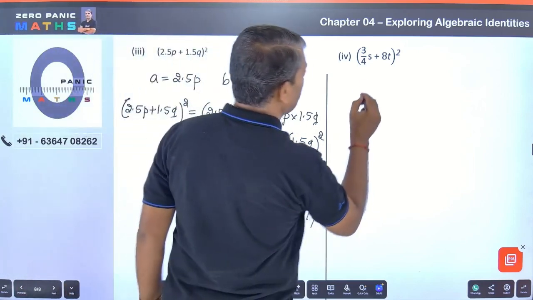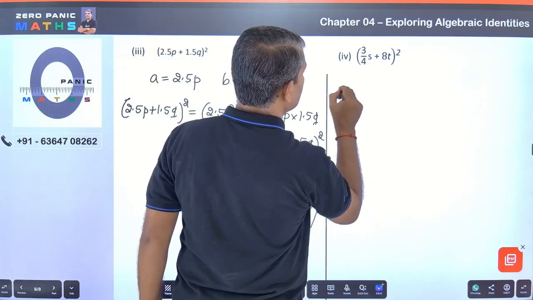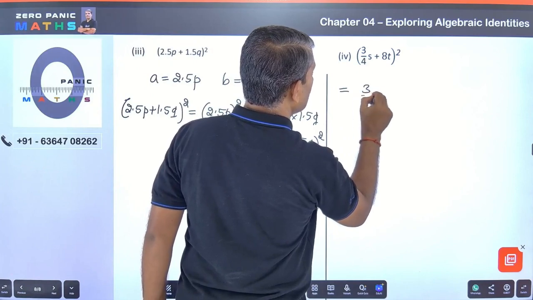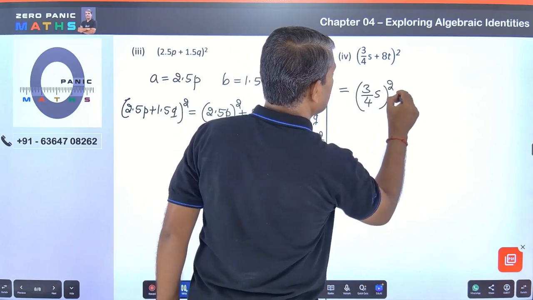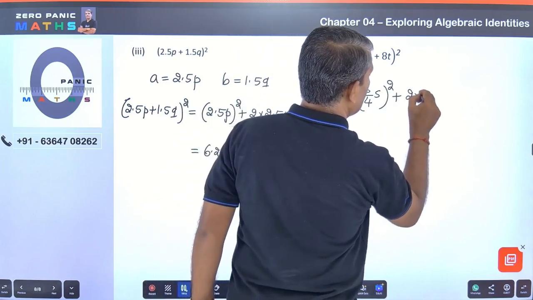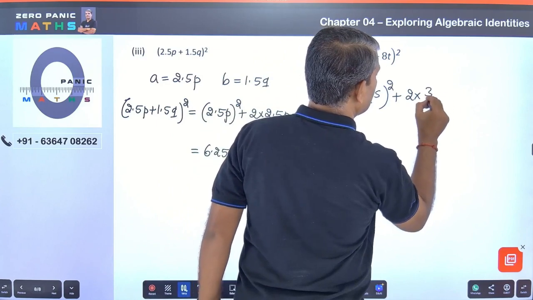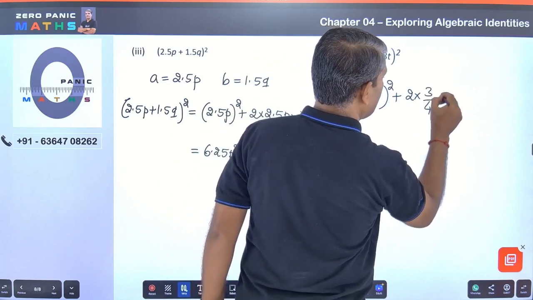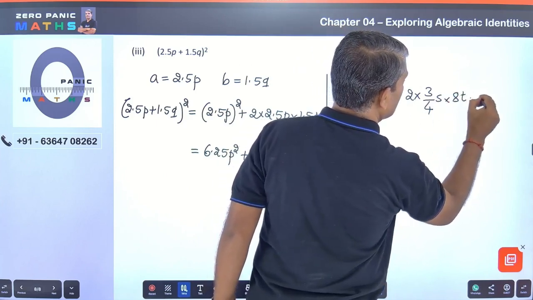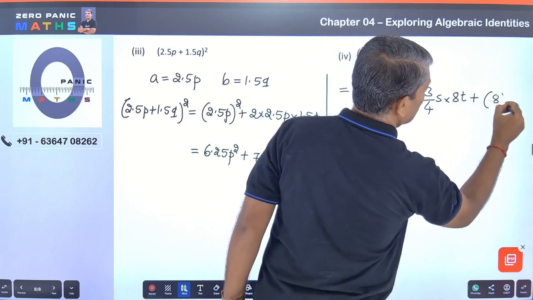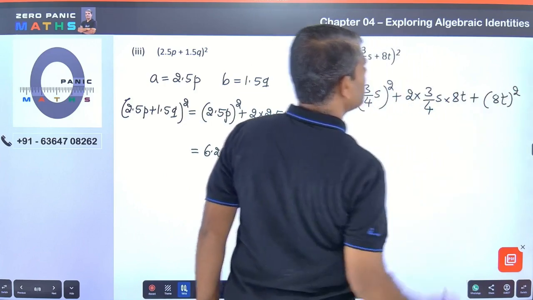Let us do it quickly for this. It is (3 by 4 s) whole square. This is a square plus 2, again 3 by 4 is a. And what is b? b is 8t, so plus (8t) whole square. 8t is b here.